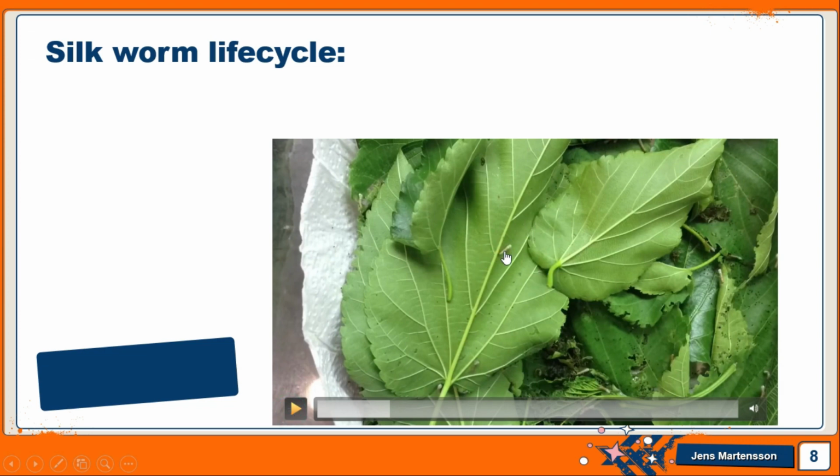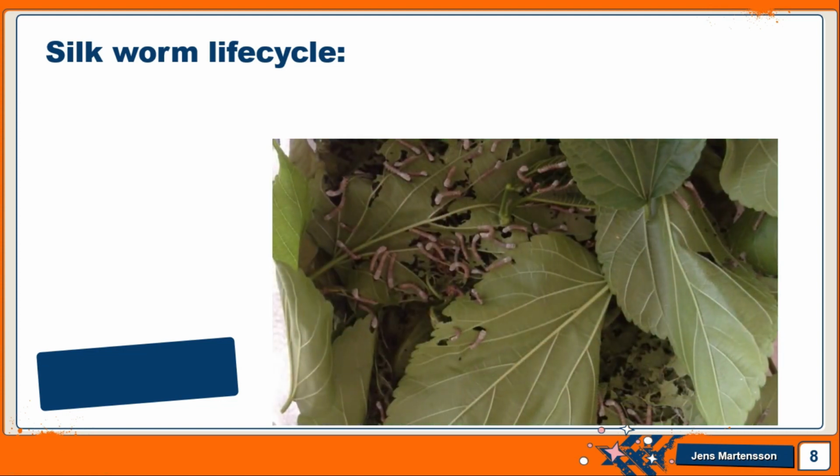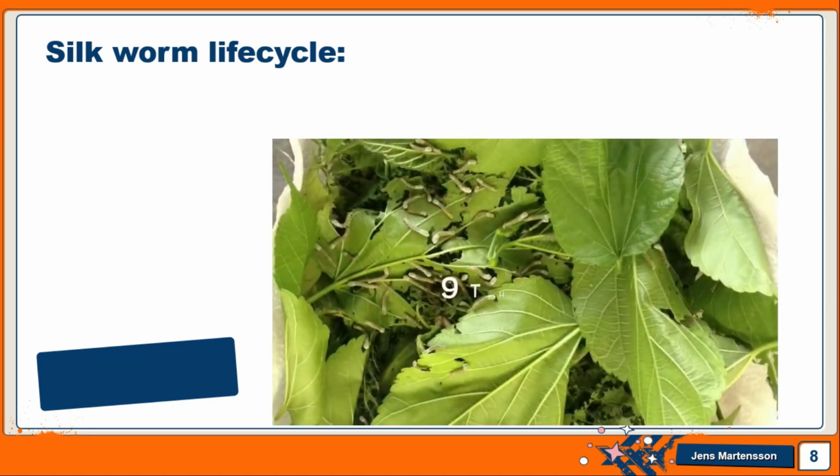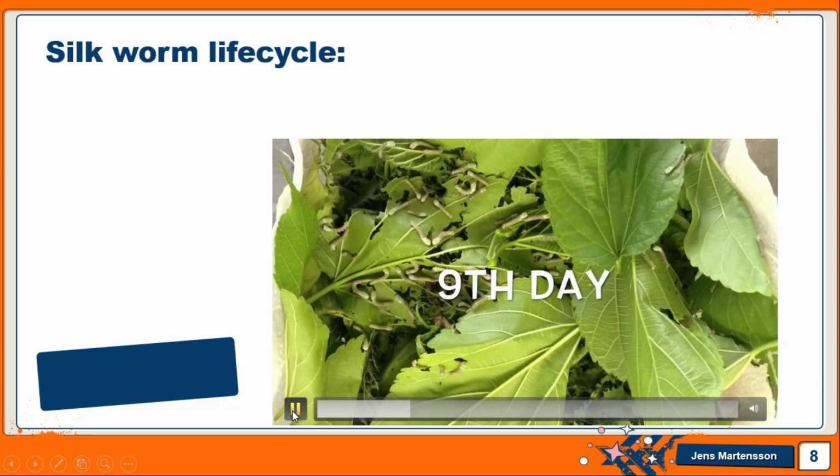These caterpillars are feeding themselves on mulberry leaves. Now this caterpillar will grow, and after growing for a certain time, they will move on to the next stage, that is the pupa stage. Now let's see how they are entering. So you can see by feeding themselves, they have grown enough, right?